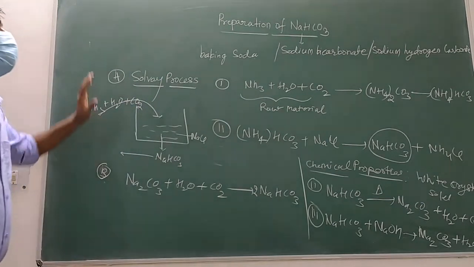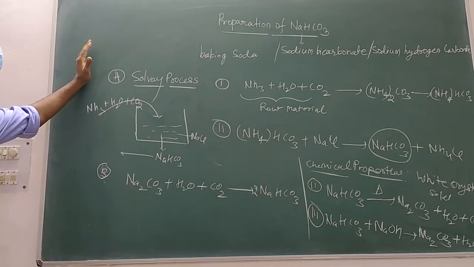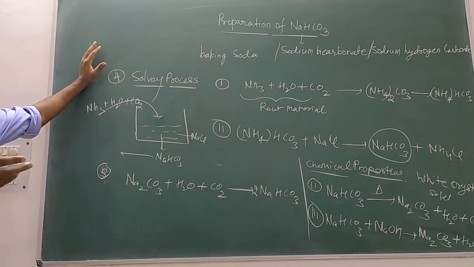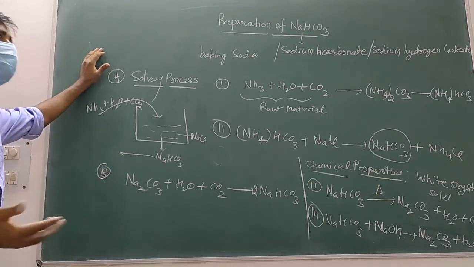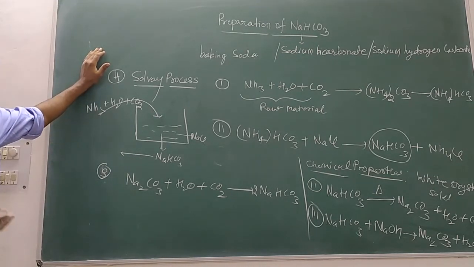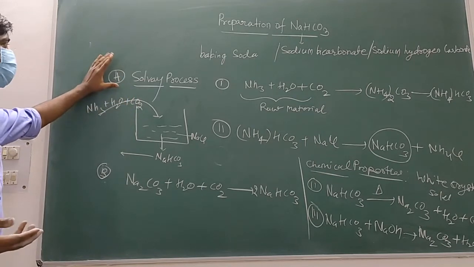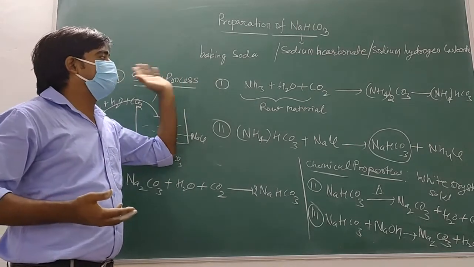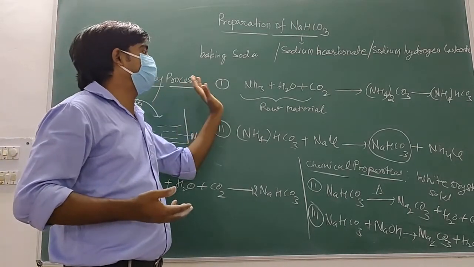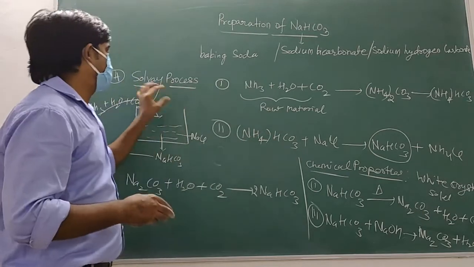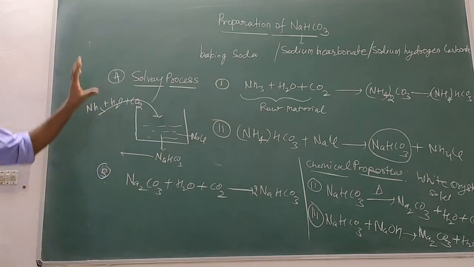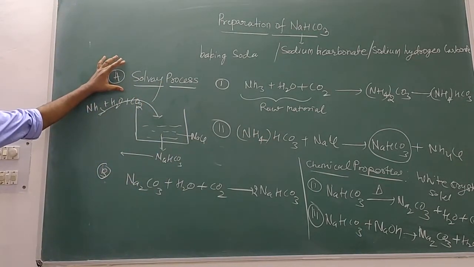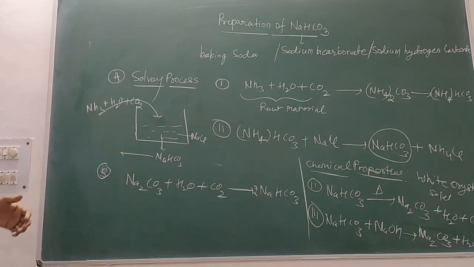Overall, we studied the synthesis and properties of sodium bicarbonate, also known as sodium hydrogen carbonate or baking soda. First, we studied the synthesis by the Solvay process, which I explained in detail during the synthesis of sodium carbonate, and why it has many industrial applications because of regeneration of raw materials during the process.